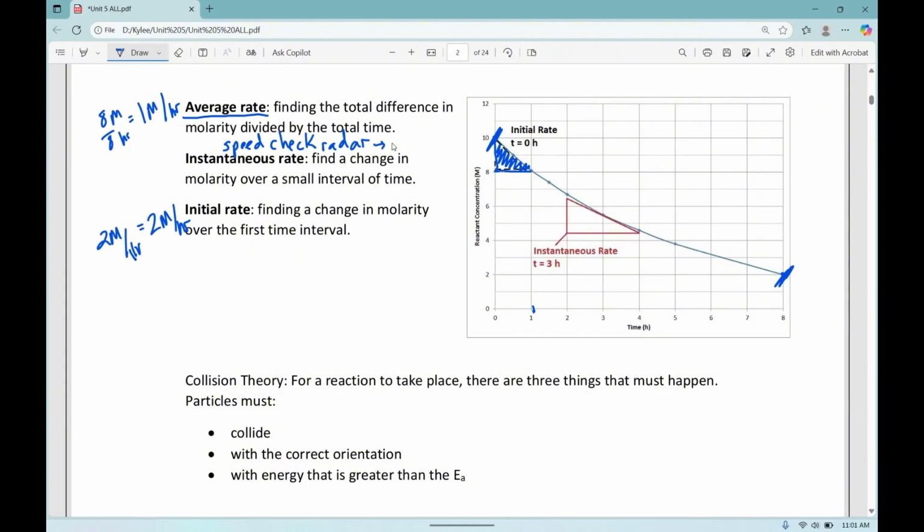But that wasn't what you're traveling the whole time. So instantaneous rate is not necessarily at the beginning, but it's over a small unit of time. And the example here is they might check the rate over a few hours instead of all the hours. So these are 3 different ways that we can look at rate: the total, which is average, the initial rate, which is just at the beginning, and then the instantaneous rate is over any small interval of time.